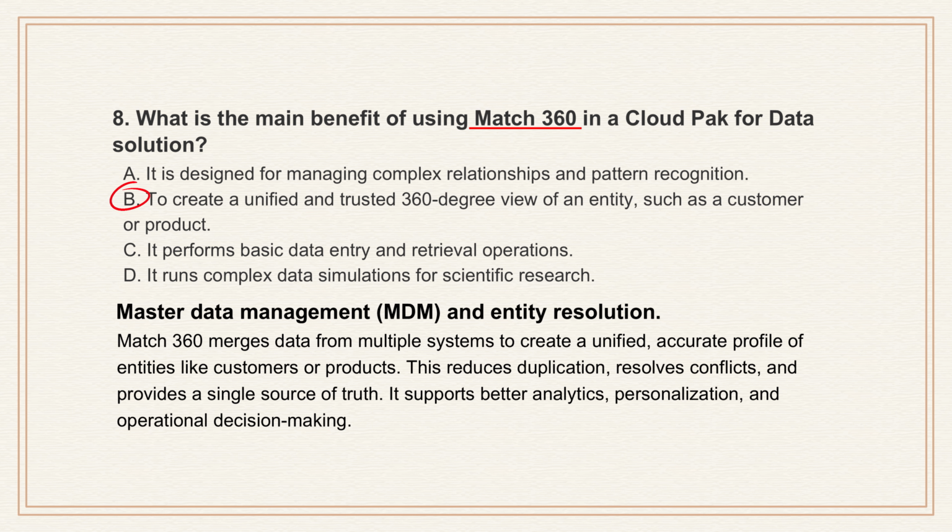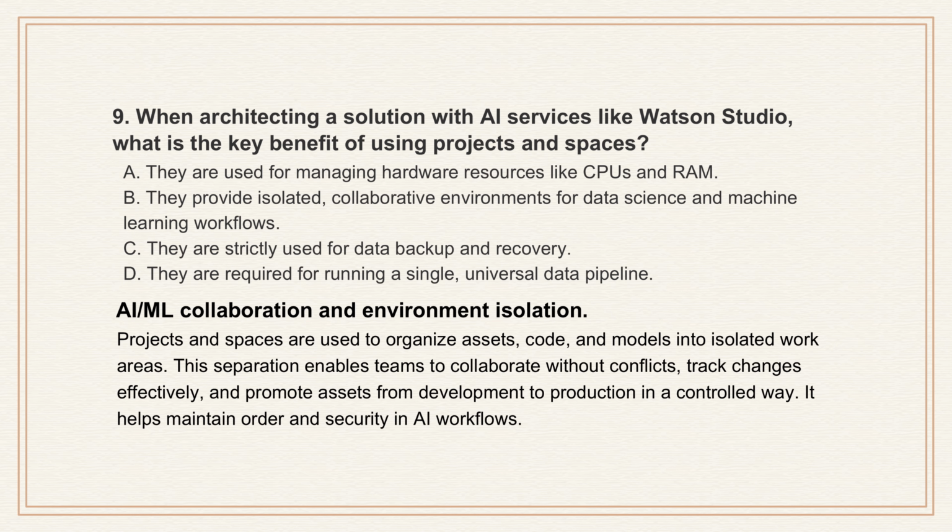Okay, so moving into the world of AI and machine learning itself, you've got your governed, maybe even matched data. How do teams actually collaborate effectively when they're building models and AI applications, without messing up each other's work? That's a critical operational point when you're architecting with AI services like, say, Watson Studio. The key benefit of using dedicated projects and spaces within tools like that is they provide isolated, collaborative environments.